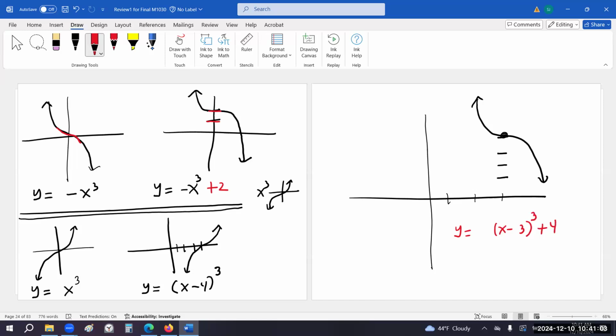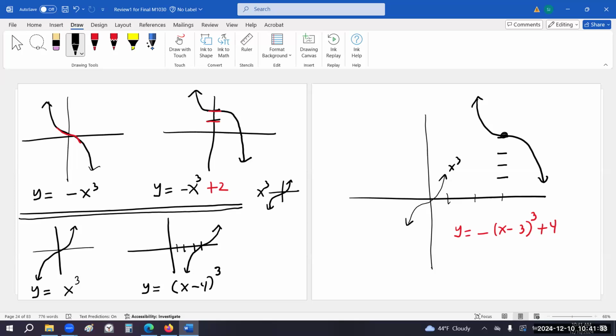Negative. The original x cube has this shape, but our graph doesn't have the same shape, so it must be negative x cube. So, yep, the negative x cube, we shifted 3 right, 4 up, so -3 inside, +4 outside.